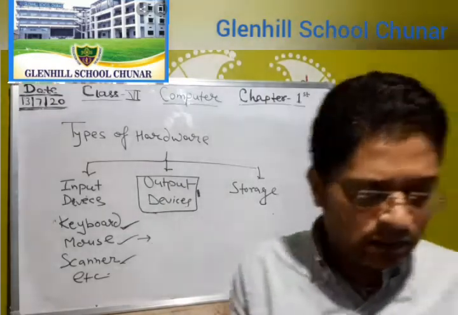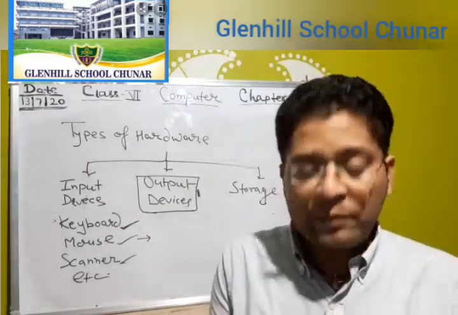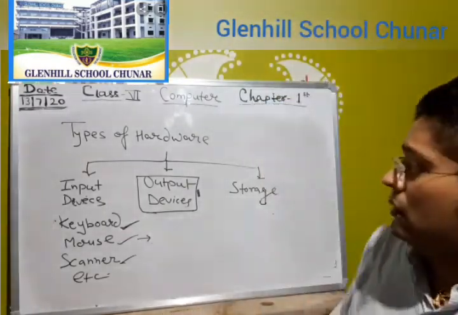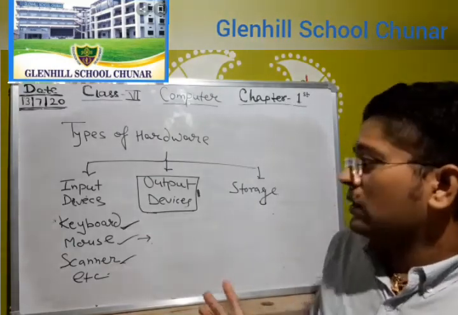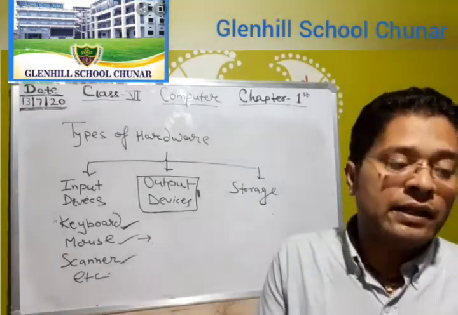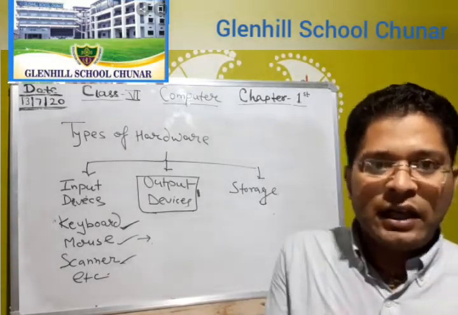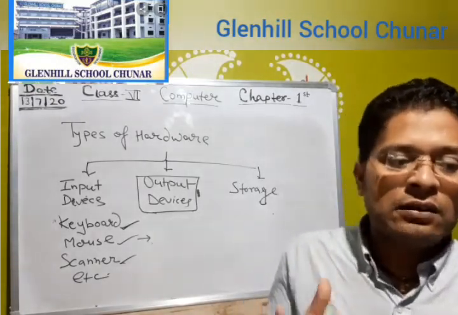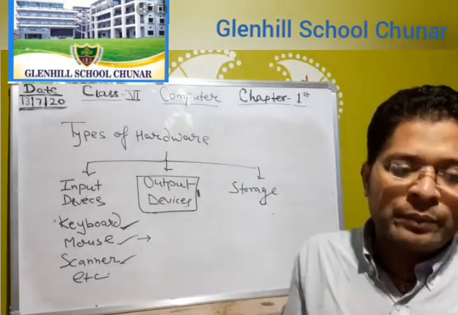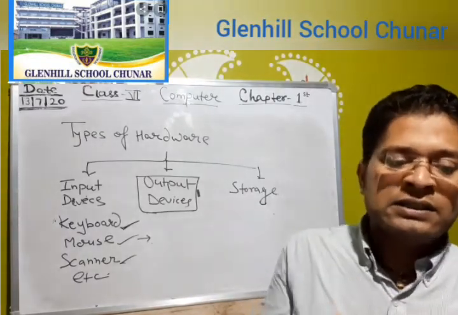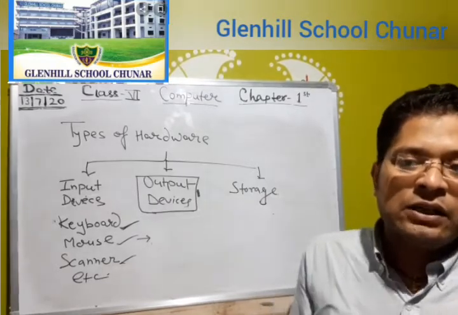And then after, the printer, the most important topic for output devices. An output device that produces text and graphics on a physical medium such as paper or transparency film is called a printer.